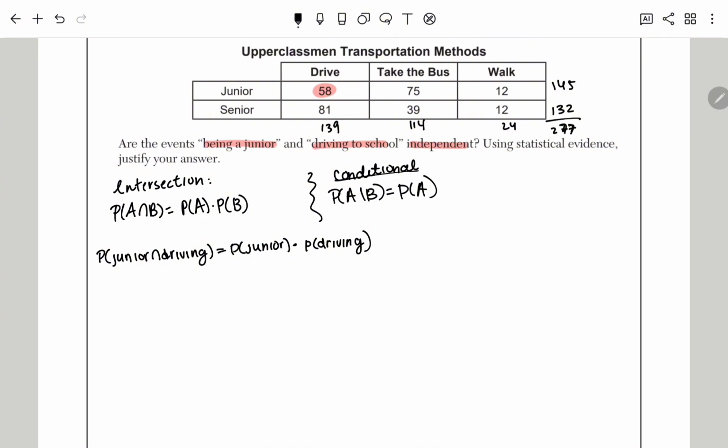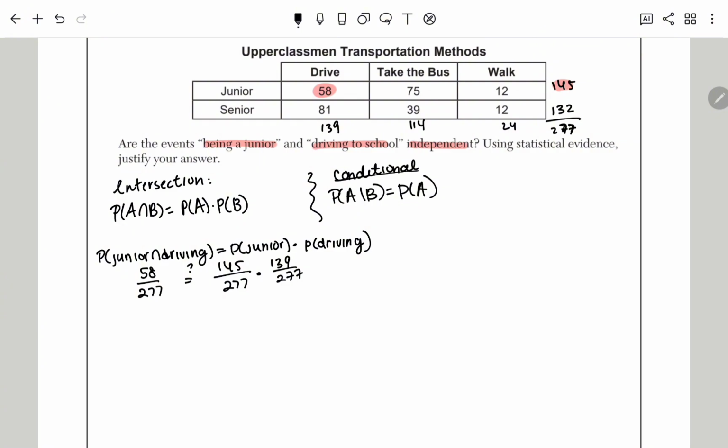And so I'm going to get 58 over 277, question mark, if it's equal to the probability of being a junior, which we know is 145 out of 277 times the probability of driving, which is 139 over 277.